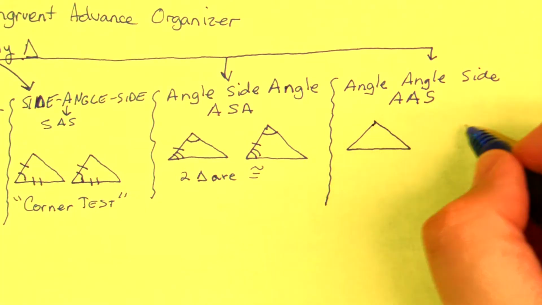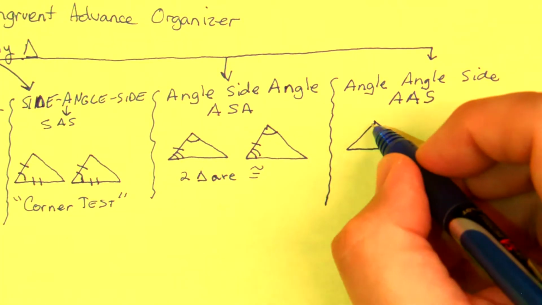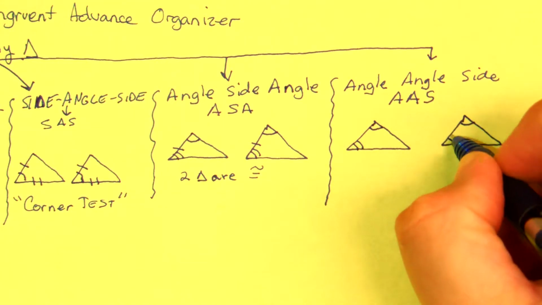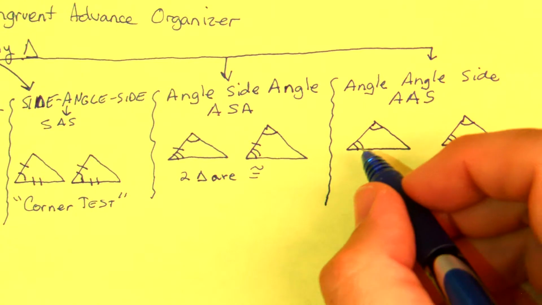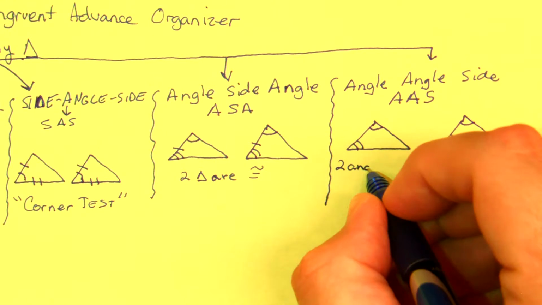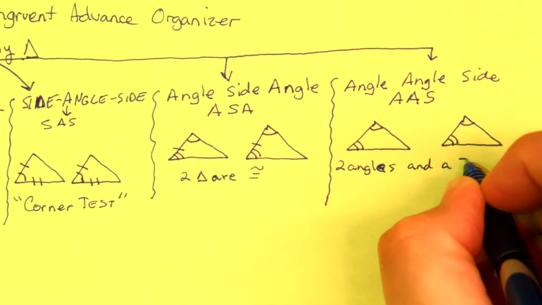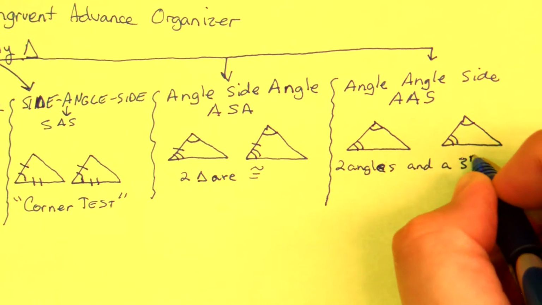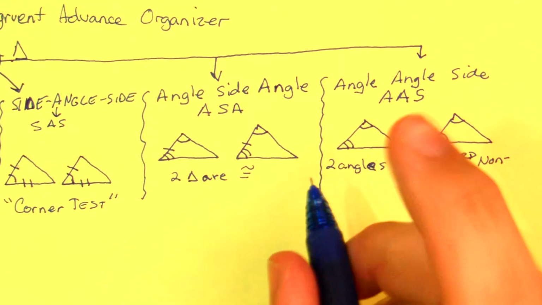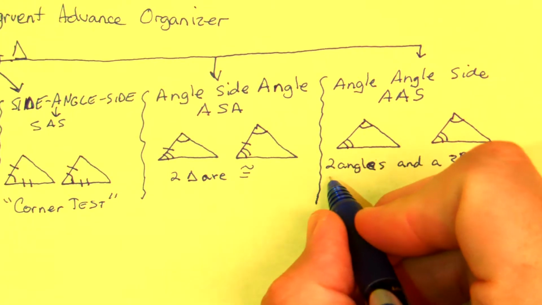So you have 2 triangles, you get two angles that are congruent to each other. And a third, I'm going to show you where the side is. Here's the thing. A third non-included side.